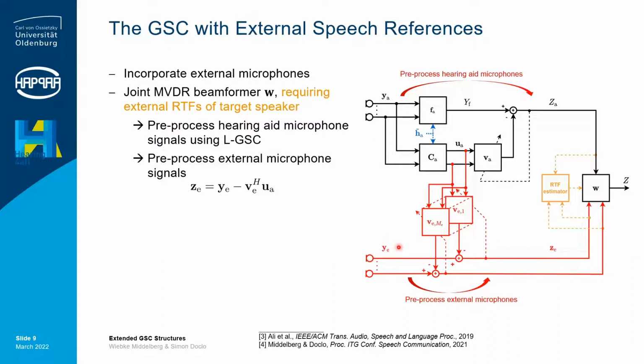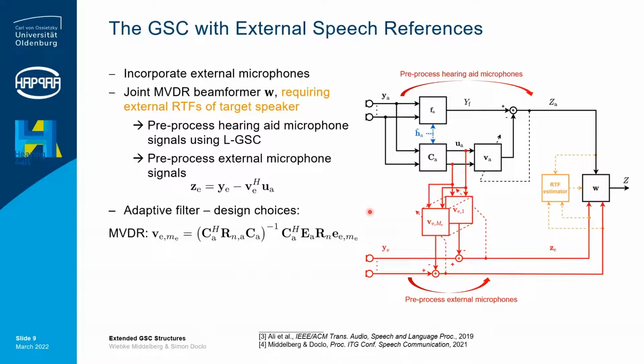So now we pre-process these external microphone signals by means of a set of adaptive filters which aim at cancelling the correlated components between our noise and interferer references and the external microphone signals. In 2019, Randall Ali proposed this structure. However, he used an MVDR implementation for noise reduction tasks only.